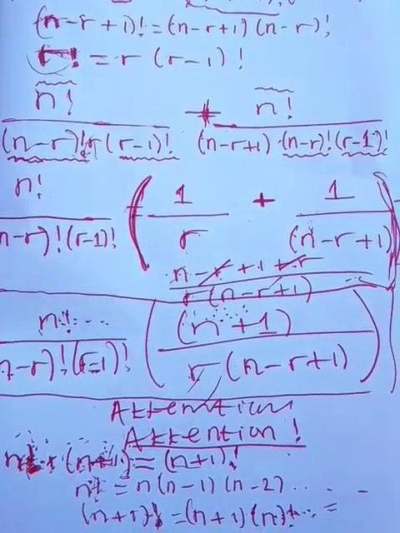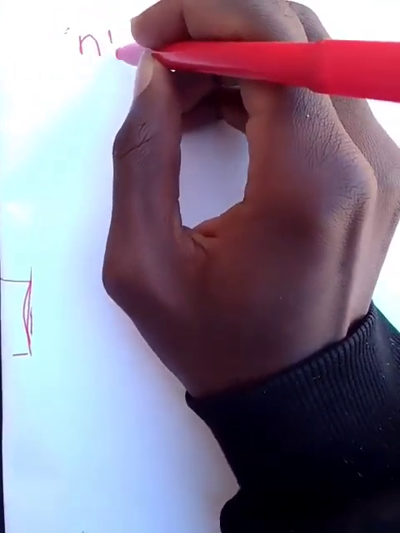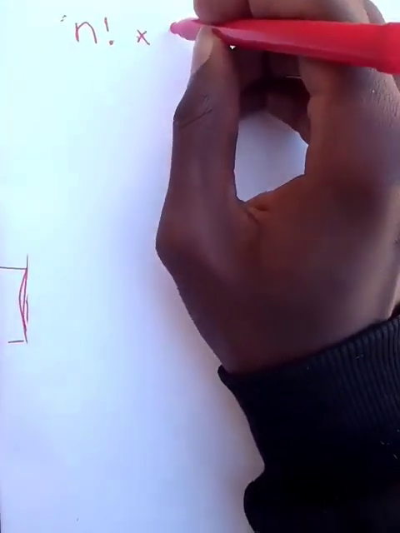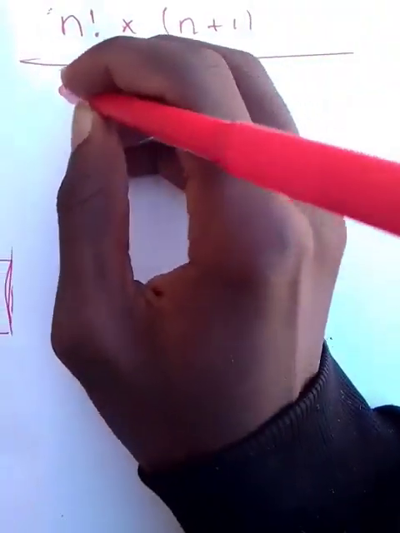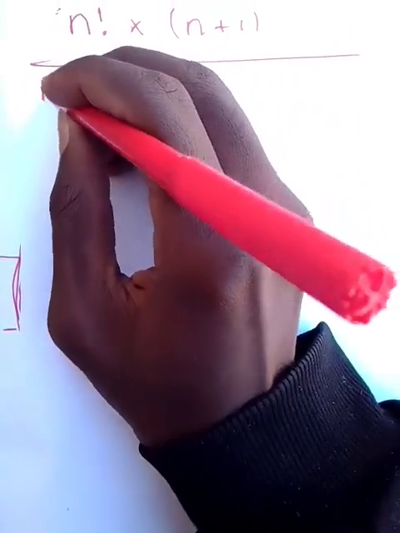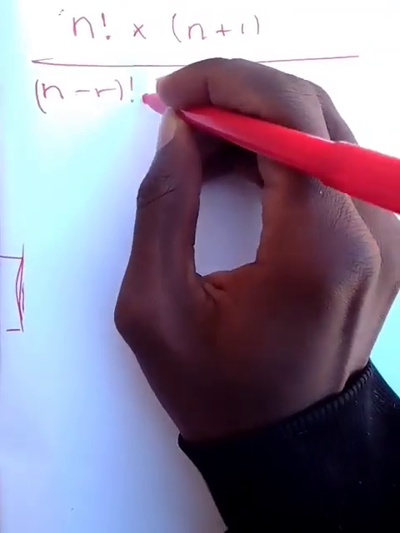Okay. So let me just write them. So I was saying that we are multiplying this with what? This. And then on the denominator part, I'm multiplying the one starting with n minus r factorial. I'm multiplying it with what?